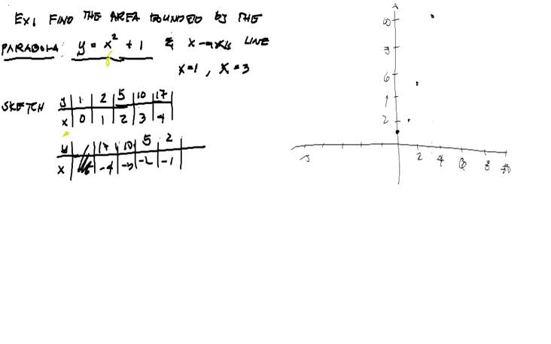And then for 4 we have 17. And for negative 1 we have 2. Negative 2 we have 5.